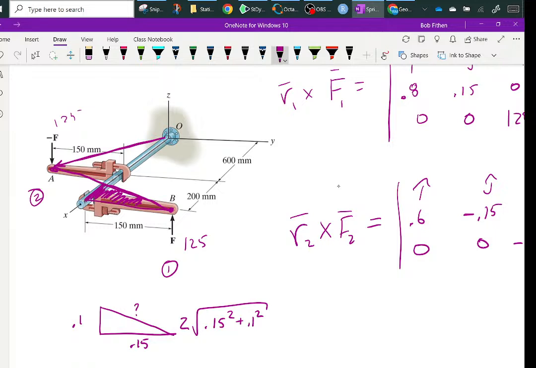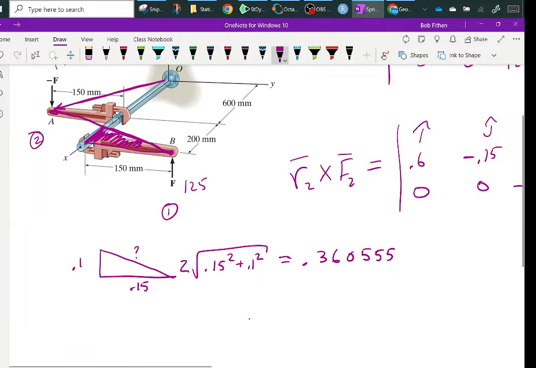I'm going to cheat. I'm going to do this using that. Let's see if it can actually get that. It should be able to. 0.360555. Now, that is this dimension, so I've got to multiply that times 2 times 0.360555 times the 125. My handwriting looks weird there, so let's see if it will pick that up as a 2 or a 7.